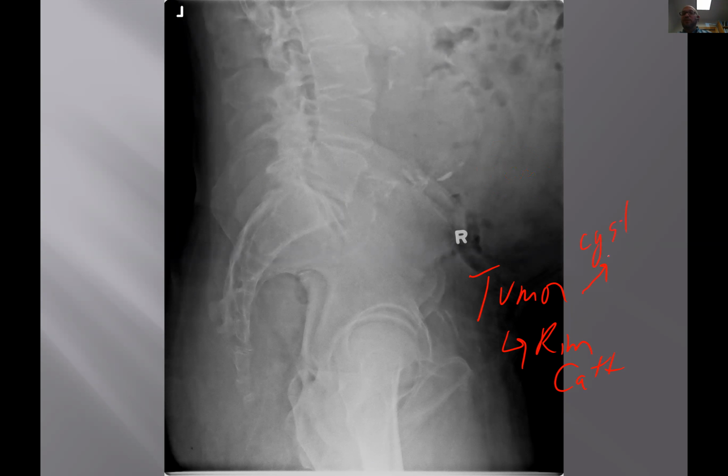Whenever you get calcification that is kind of outlining the rim of something, you got to think of a calcified cyst. But renal cysts are nasty. You realize that any calcification within the kidney, within a cyst in the kidney, is cancer until proven otherwise.